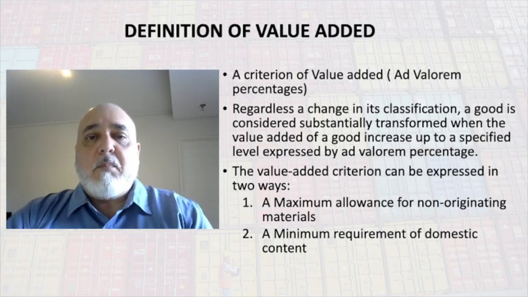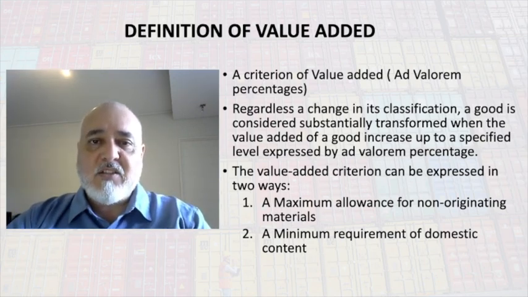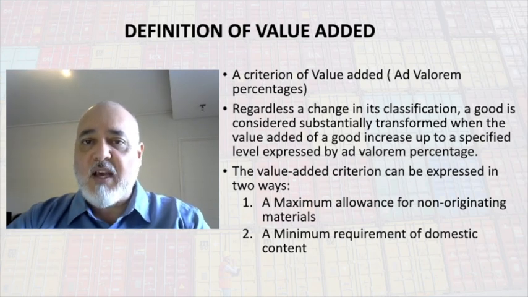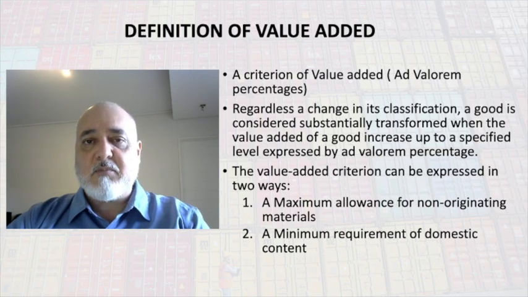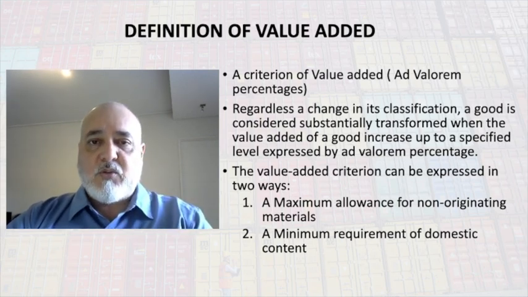On the other hand, minimum domestic content requires a certain percentage of the final product's value to be added in the country of origin. Let me give you an example to help you better understand this criteria.